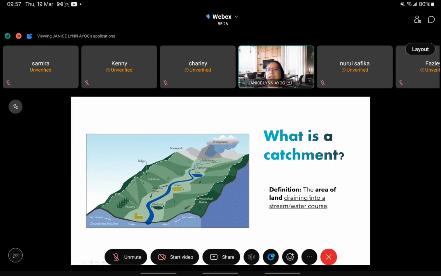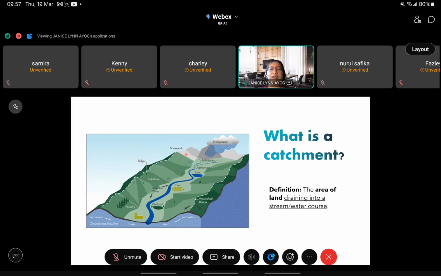Catchment is basically the area of land draining into a stream or water course. This is the area, the one that is light colored or more transparent compared to the rest. This is the area we're talking about.